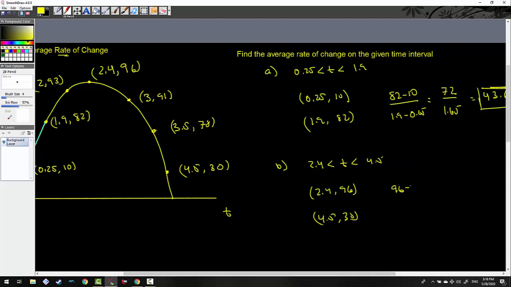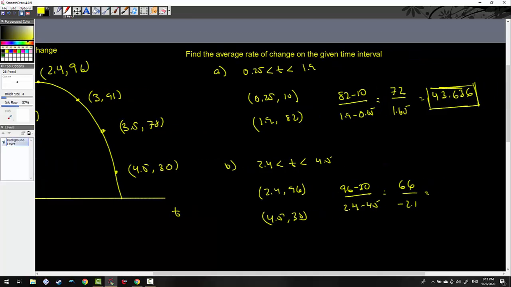So 96 minus 30 over 2.4 minus 4.5. 66 over negative 2.1. So 66 divided by that will get me negative 31.428.